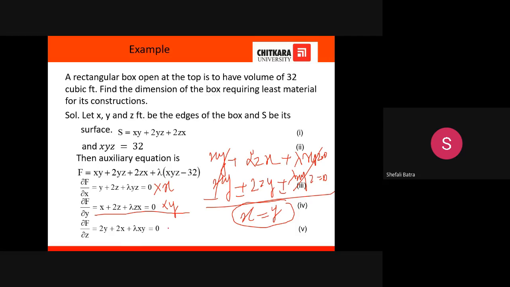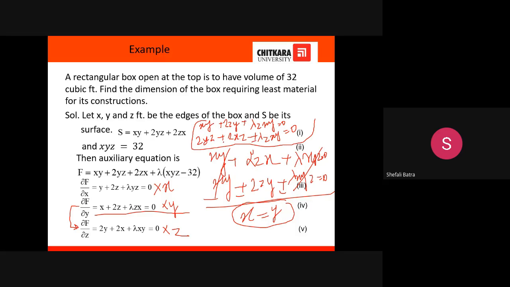Right? Now similarly, you will be multiplying this with z, using this and this. So you will again have xy plus 2zy plus lambda zxy is equal to 0, and then 2yz plus 2xz plus lambda zxy is equal to 0.